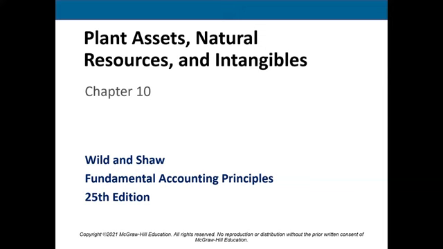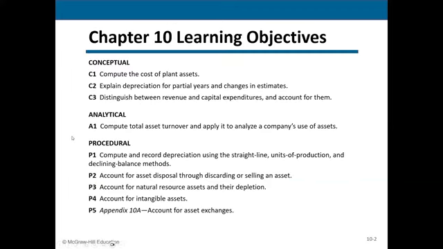And so we're going to talk in detail about our property, plant, and equipment, also known as fixed assets. I'm going to show you how the value of the property, plant, and equipment is computed. I'm going to explain to you what depreciation is, how it works, why we compute it, and I'll give you some real life examples. And of course, we'll finish up with a couple of ratios and appendices.